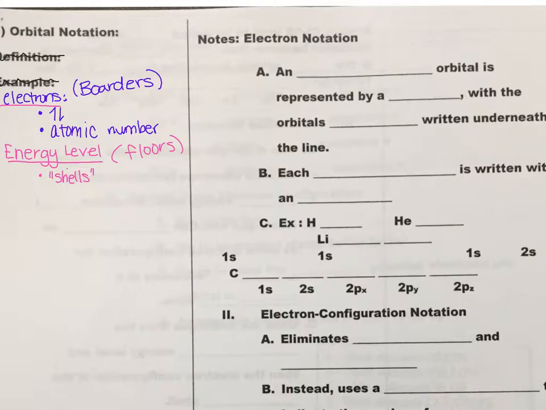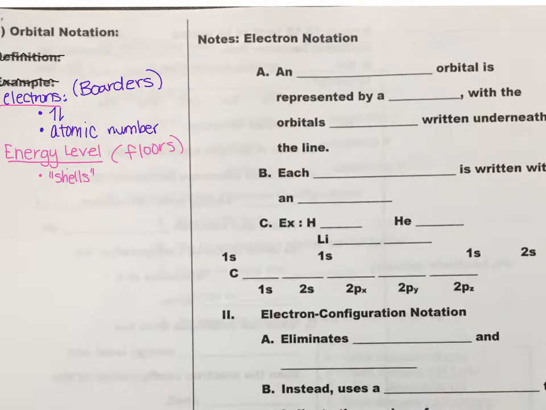It's on the 6th floor, right? Now, when I use this word shells, if I tell you it has 6 shells, does it sound like a really fat atom or a really skinny atom? Fat, exactly. So when we use that idea of energy levels, we're going to be getting bigger as we move down our periodic table. That's coming in the future.